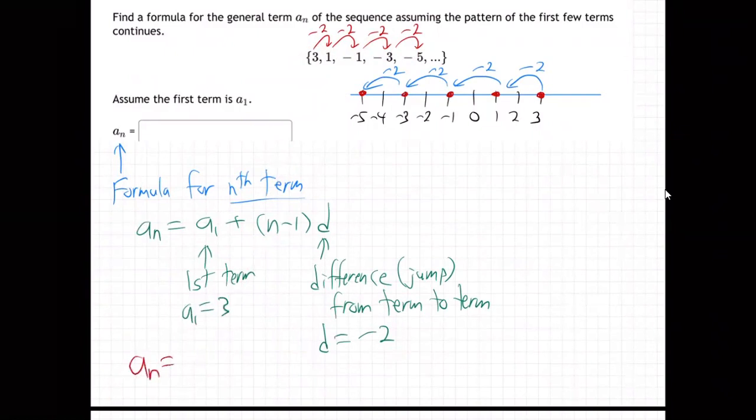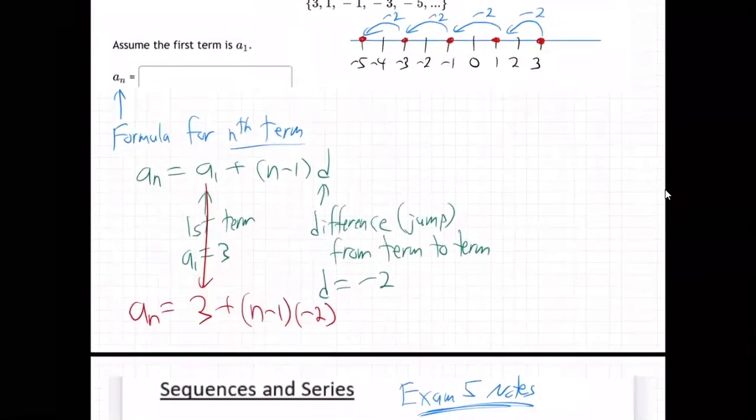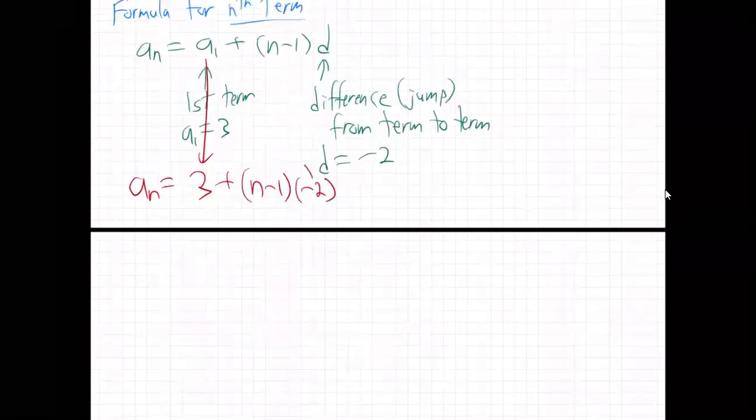So what's our formula then? a sub n equals 3 plus (n minus 1) times d. What's d? -2. And you probably can just type it in like that, but I'm going to go ahead and distribute it. So I'm going to take that -2 and go bonk, bonk, and I get a sub n is 3 minus 2n plus 2.